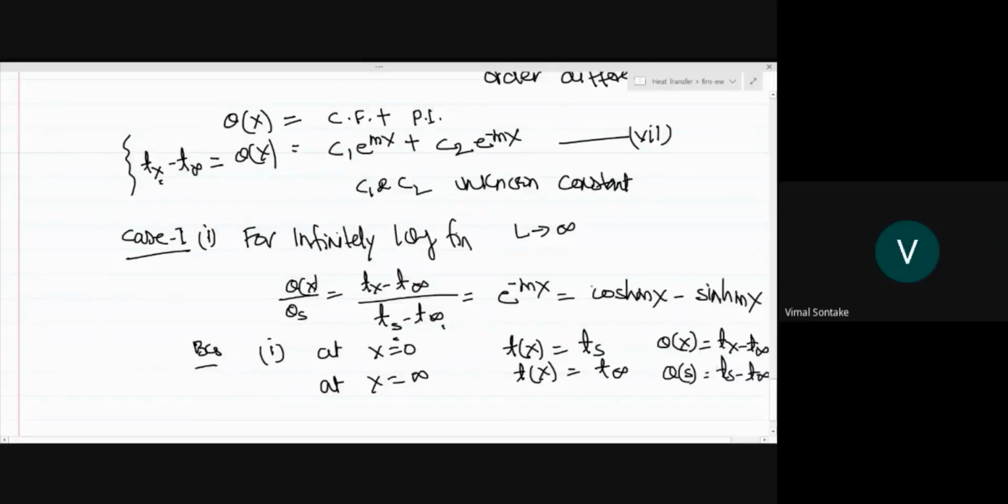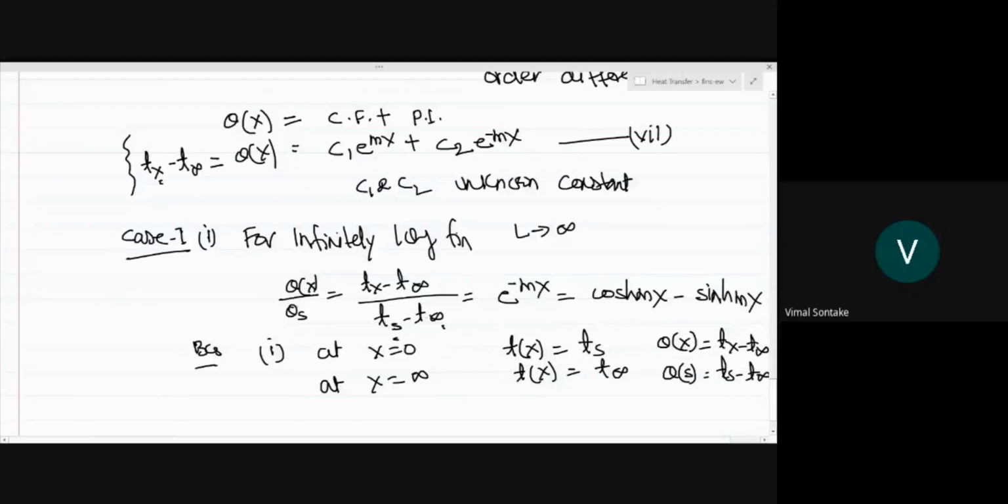So what we did on Friday's class, using equation number 7 and these two boundary conditions, I got the values of the constants C1 and C2. Then I put the values of these constants, in terms of known values, once again into equation 7 and rearranged.